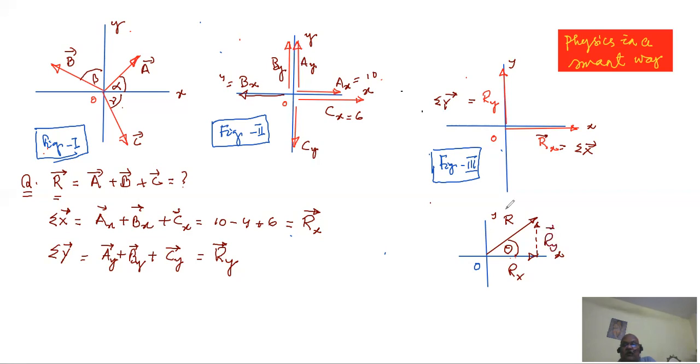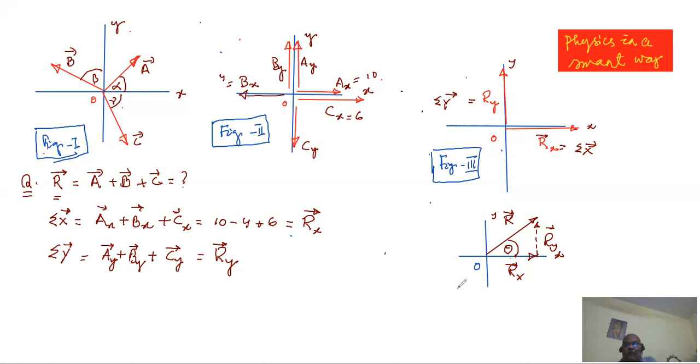Ultimately, when we combine Rx and Ry, we follow the same graphical method of vector addition. Now the resultant is found out. As it is, that is figure number 4.